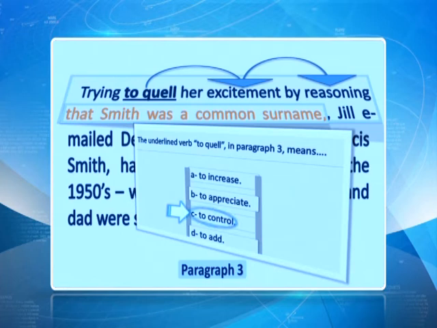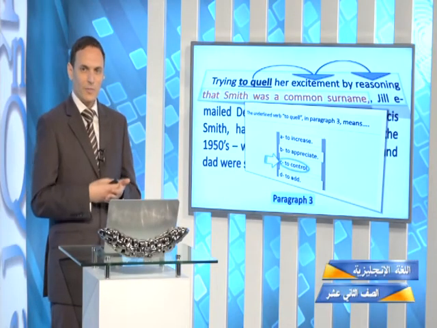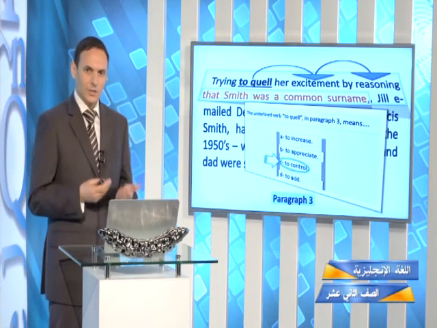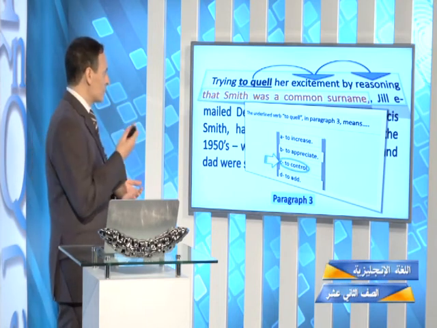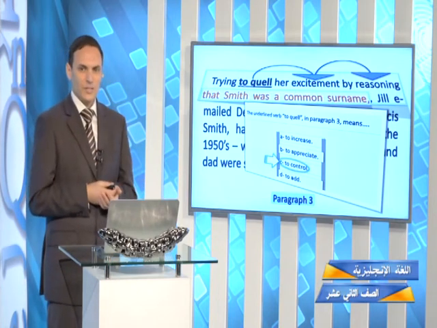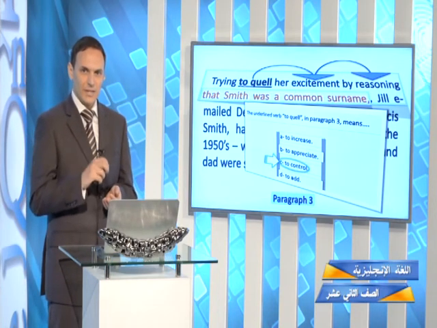Now, as you might have noticed, even if you don't know the meaning of to quell from free reading or from referring back to your dictionary or glossary, you could understand and grasp the meaning of that word by using some context clues, okay?